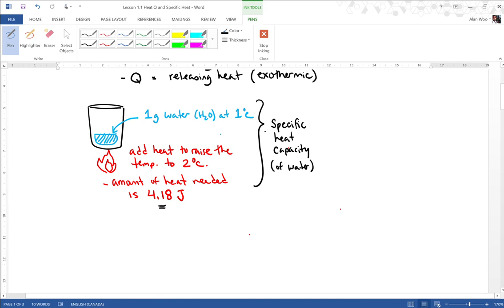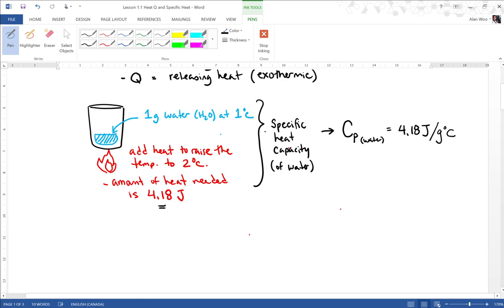So this is represented by capital C, lowercase p. That means specific heat capacity. And for water, it's equal to 4.18 joules for every gram degree Celsius.